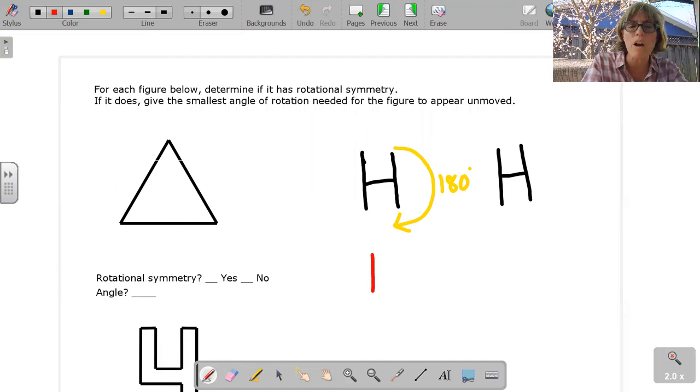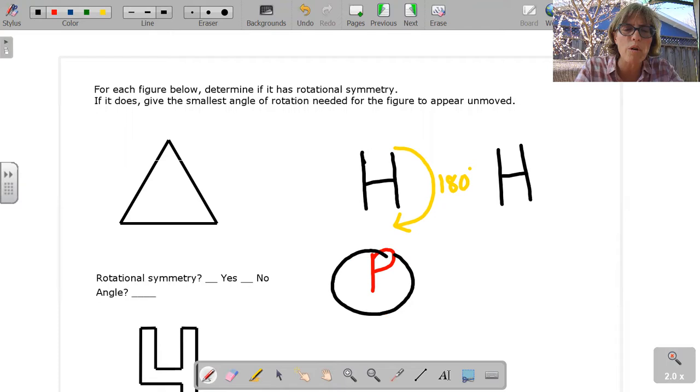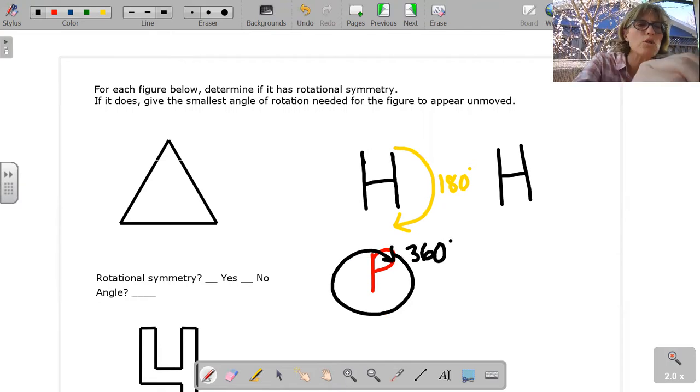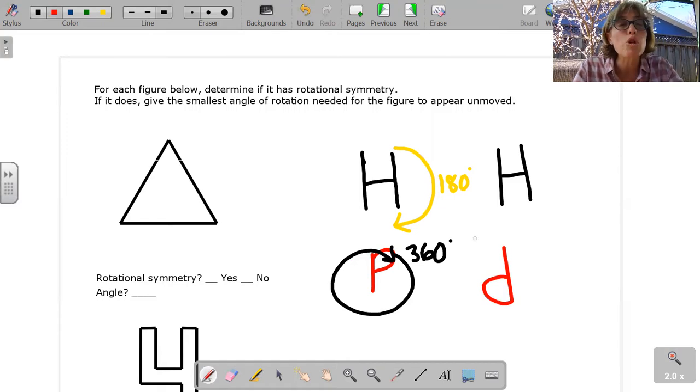The letter P, however, in order for me to get the same P, I have to go all the way around and rotate a full 360. If I do 180, the P looks like this. So H has rotational symmetry, the letter P does not.